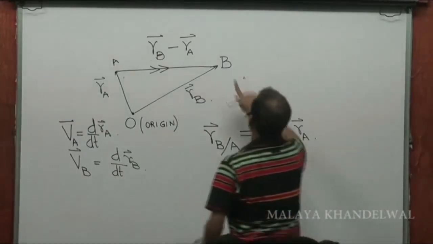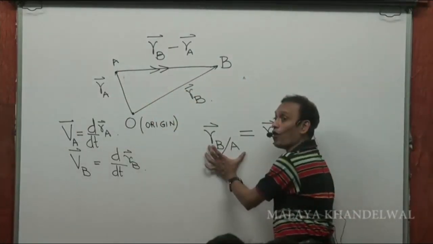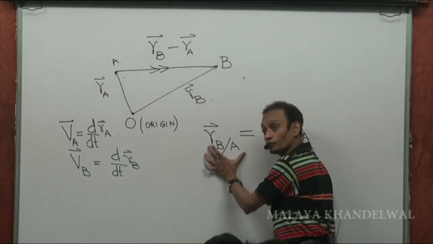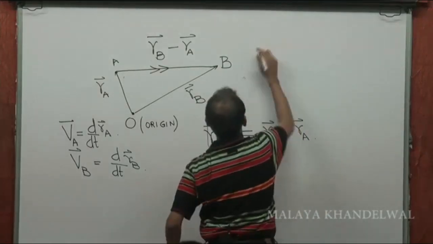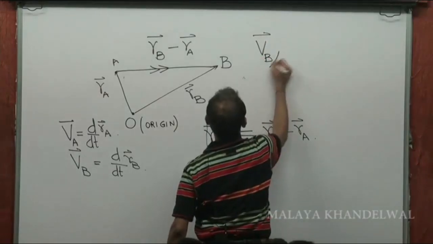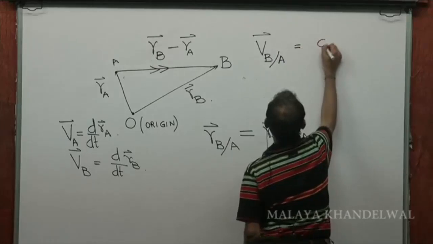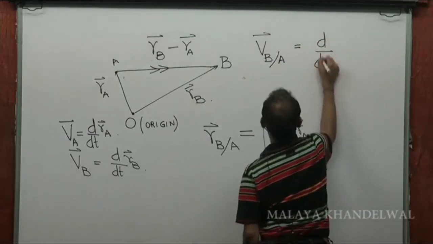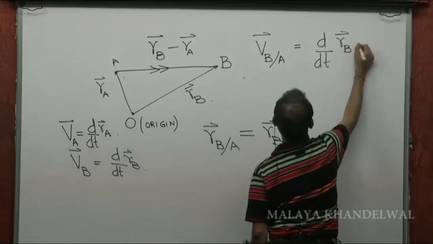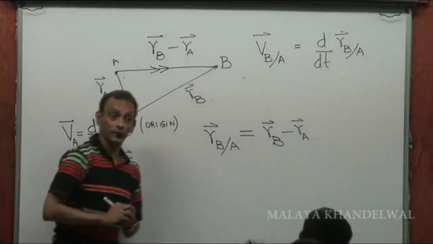But velocity of B as seen by A will be measured by how RB with respect to A changes with time. Yes or no? So velocity of B as seen by A is going to be measured by how RBA changes with time. ddt of the position vector of B with respect to A. Right?